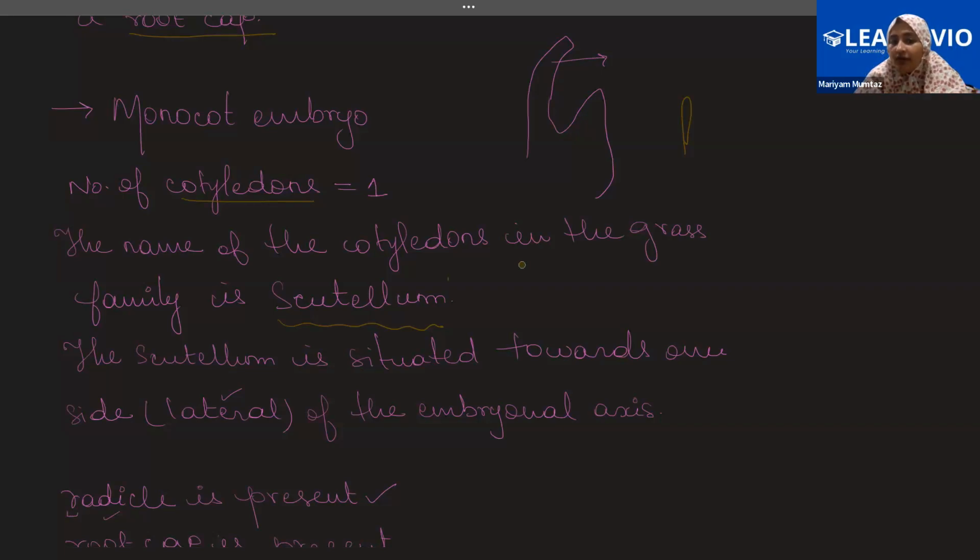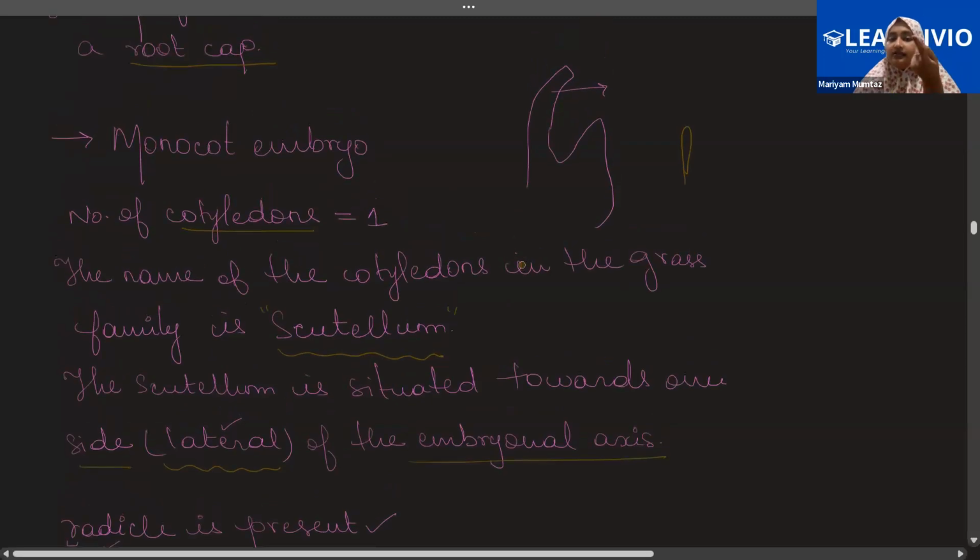That one cotyledon is so special that it has a name: scutellum. It is situated towards one side, meaning lateral in position of the embryonal axis. See, the two cotyledons in the case of dicot were situated on either side of the embryonal axis, right? But in this case, it will be on one side. Clear? Sort of like this pointy part.